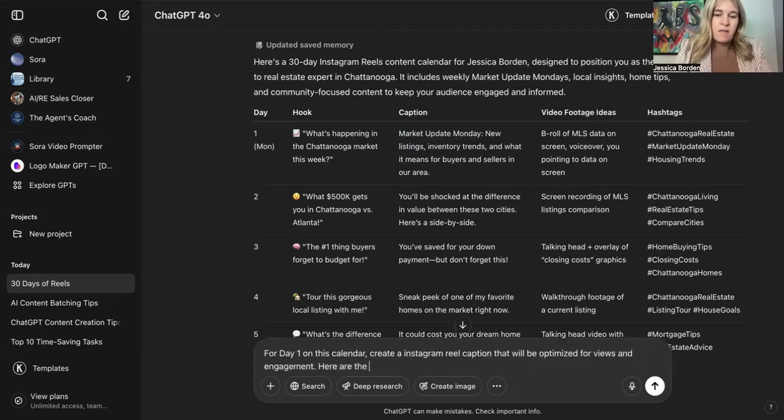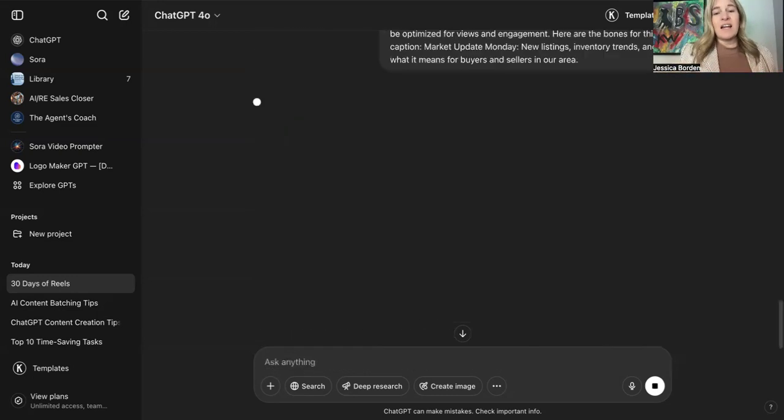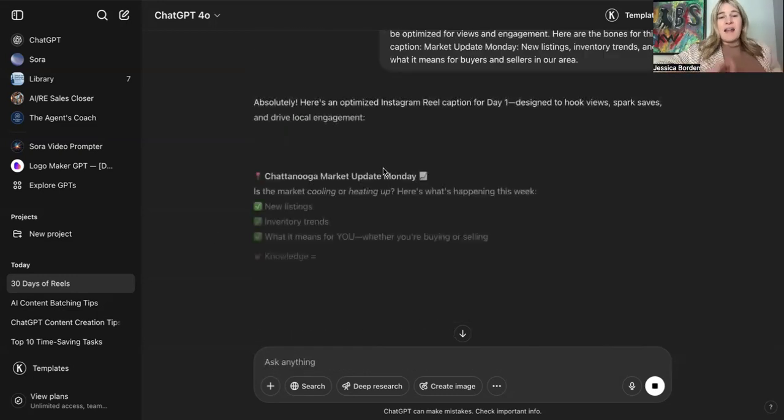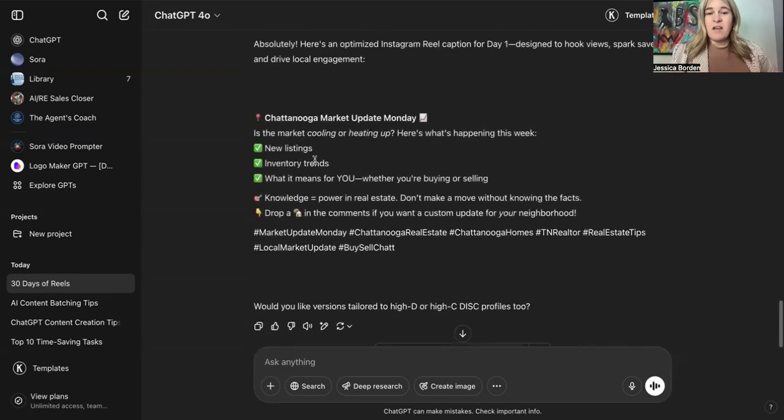Here are the bones for this caption. Okay, so then I could actually pop that in there, and absolutely, here's the caption. So now I have exactly what I'm going to be covering in the caption. So new listings, inventory trends, what does it mean for you, whether you're buying or selling? That's important to make sure that you cover what the caption says.